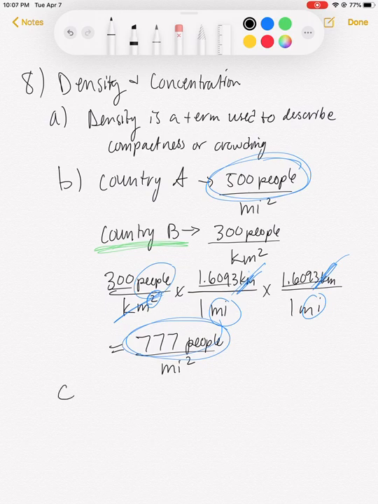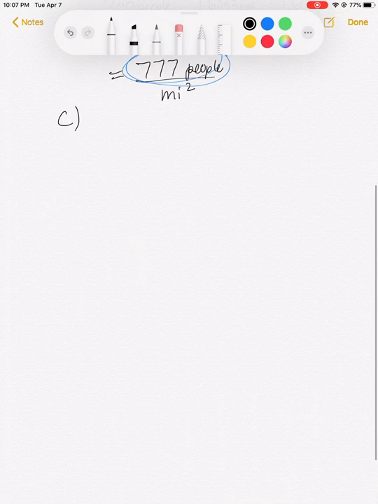Okay, going on to another topic, C, which is concentration. Well, what is concentration?